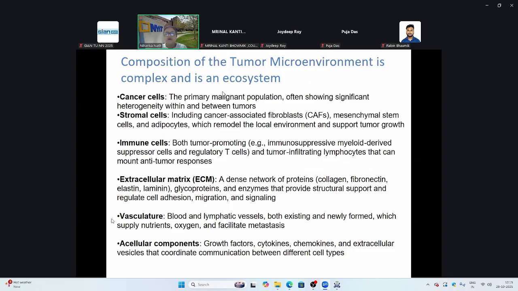Stromal cells are all the surrounding cells. Then with all that, what is its function? What is the total function? Well, the total function of the tumor microenvironment is to give full biomechanical support to the tumor for its growth.